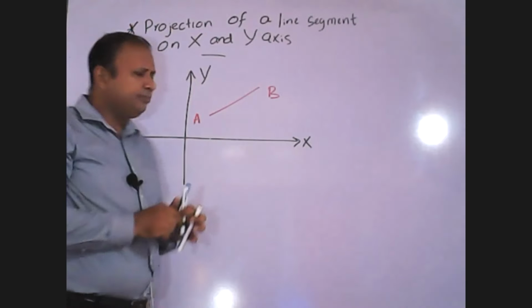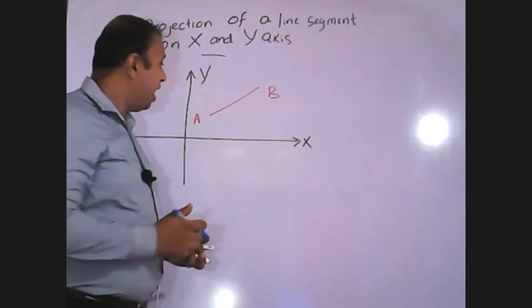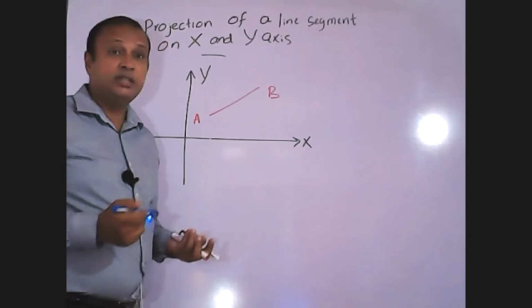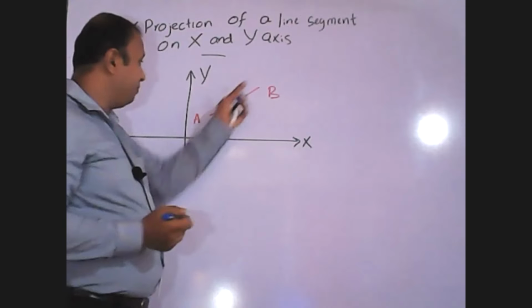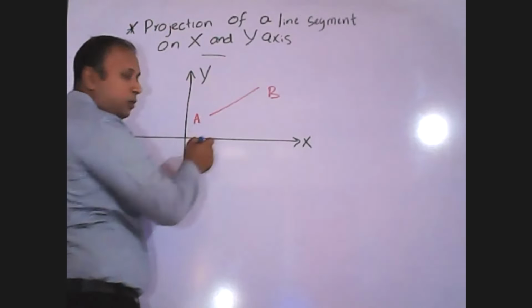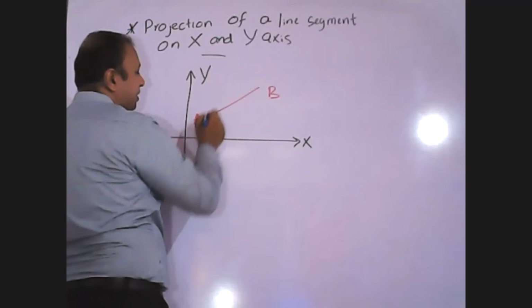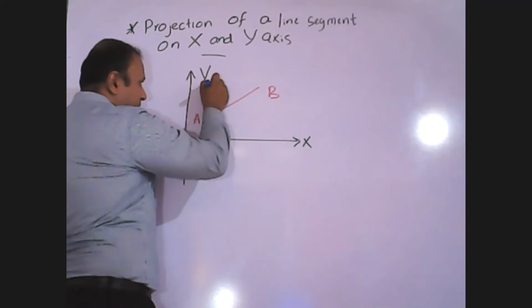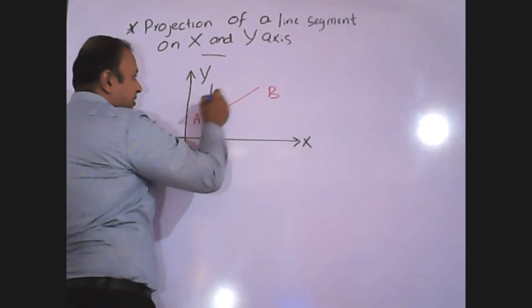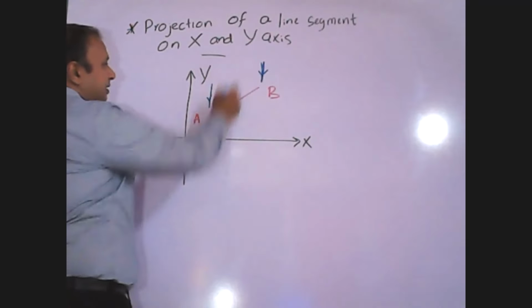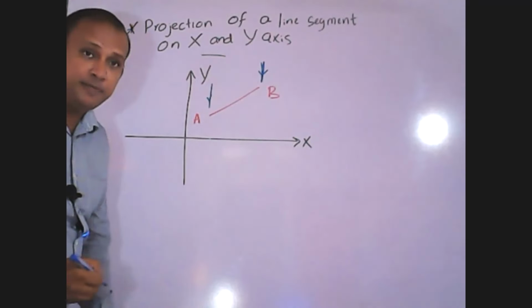So how do we construct the projection? Projection is the shadow of AB due to a parallel light beam. This kind of thing is called a parallel light beam.